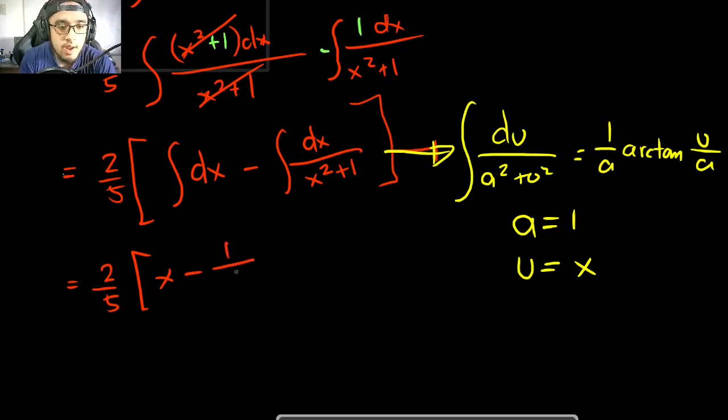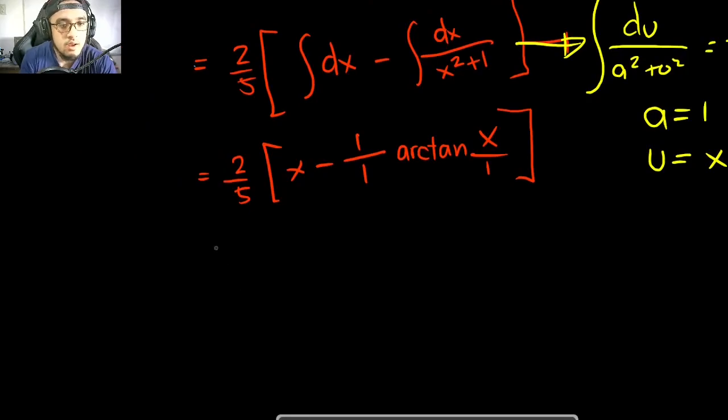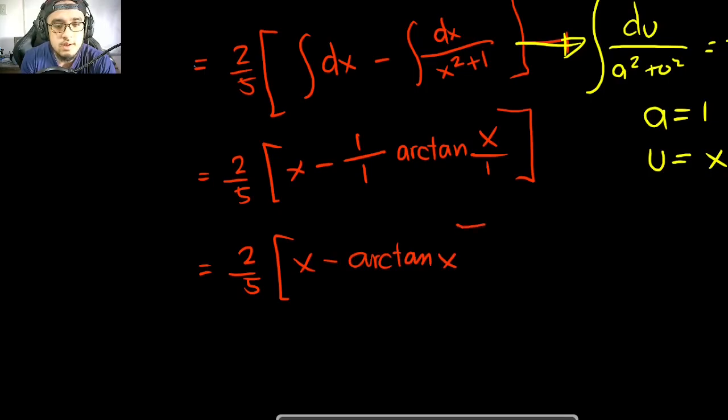So 1 over a is equal to 1 over 1 times arctangent of u over a. And our u is equal to x divided by 1. So this is our answer right now. Okay, so there. And this is equal to 2 over 5 times x minus arctangent of x. So we have this one right here as our answer.